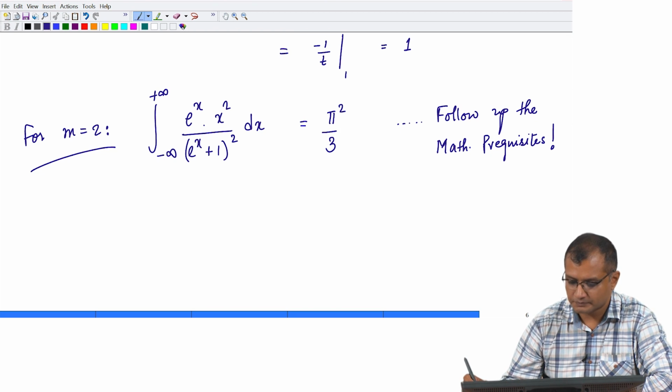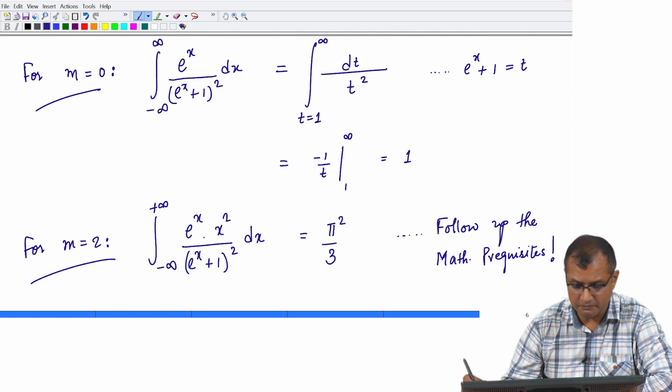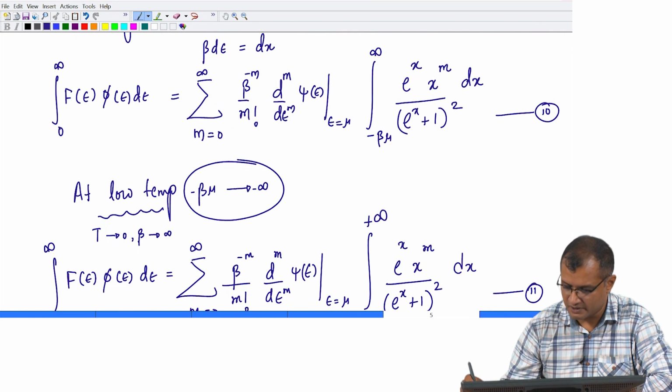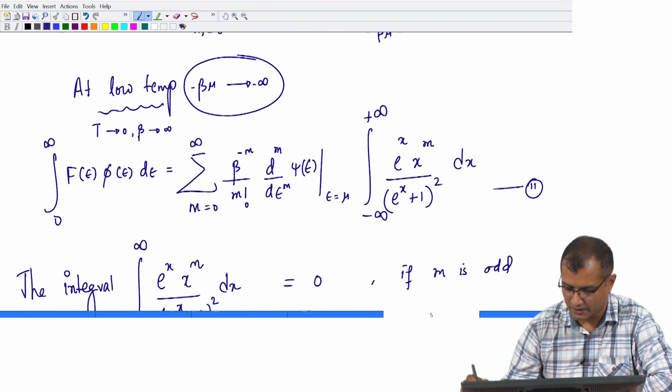So, now with the two values of m, 0 and 2, we plug these values in our final expression, which is equation number 11. Okay.